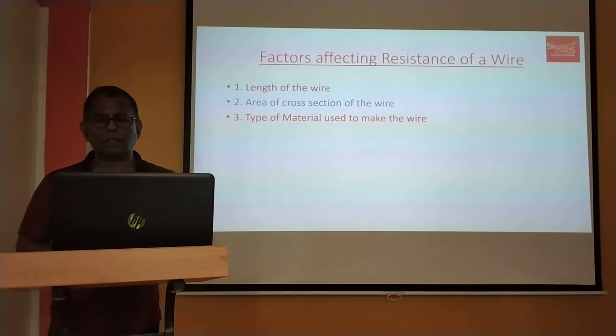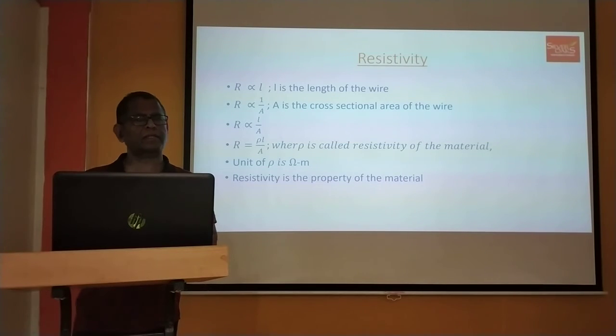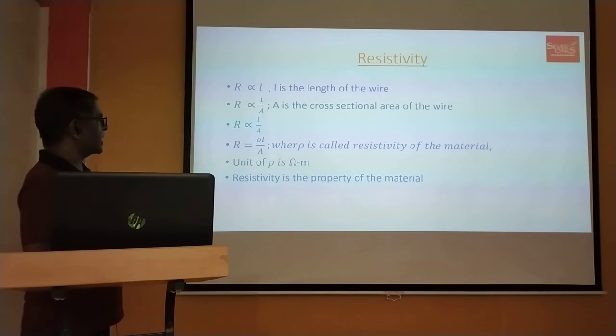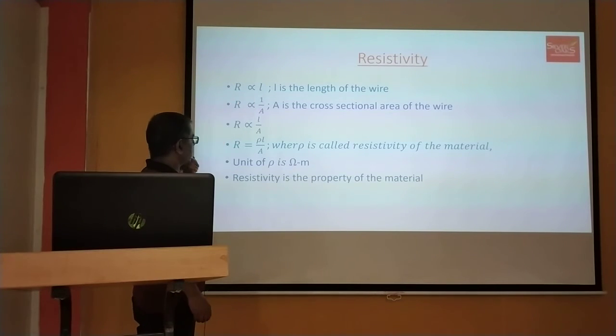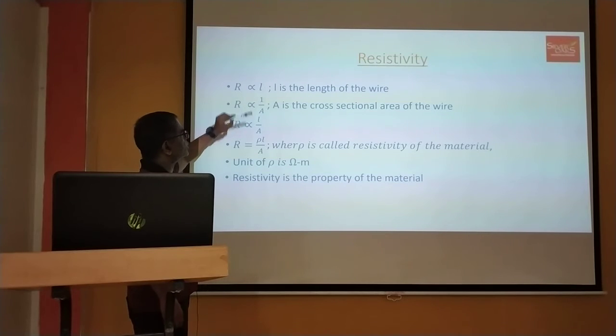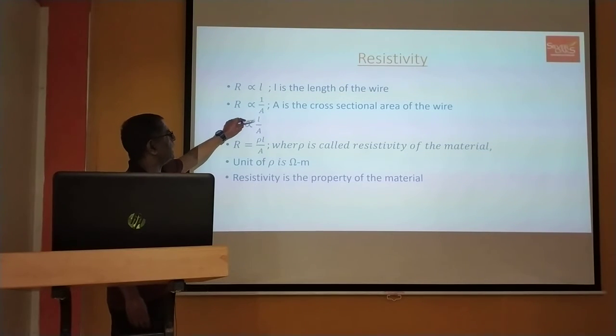So let us put this into the language of mathematics. R is proportional to length, where L is the length of the wire, and R is inversely proportional to cross-sectional area, where A is the cross-sectional area of the wire. If you combine this together, we can say resistance is proportional to L divided by cross-sectional area.